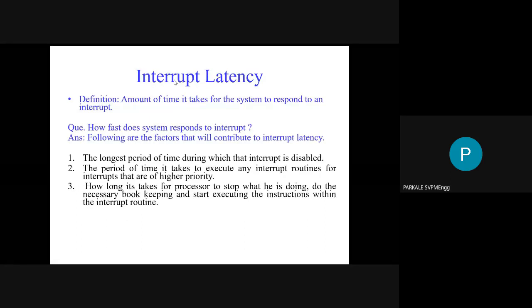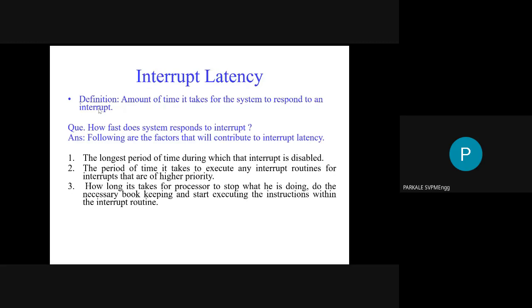That is nothing but the interrupt latency. In the exam also you will encounter these questions, that is, what are the different parameters that will contribute to the interrupt latency. So that is a very important question. The definition of interrupt latency is the amount of time it takes for the system to respond to an interrupt. So it's quite simple.